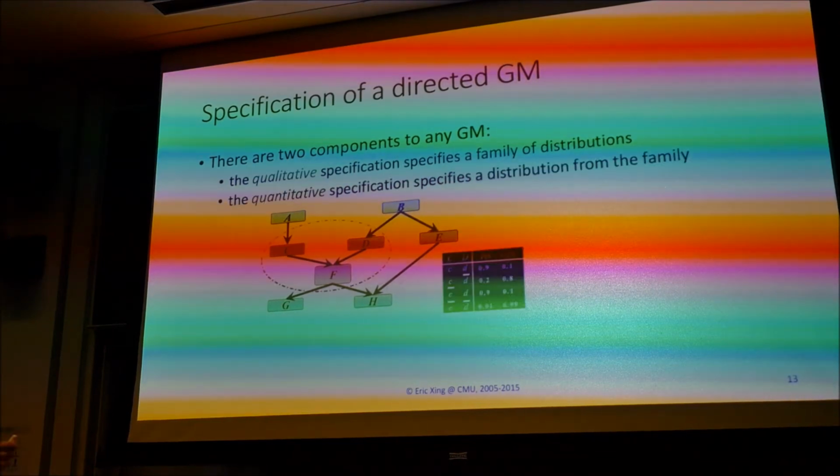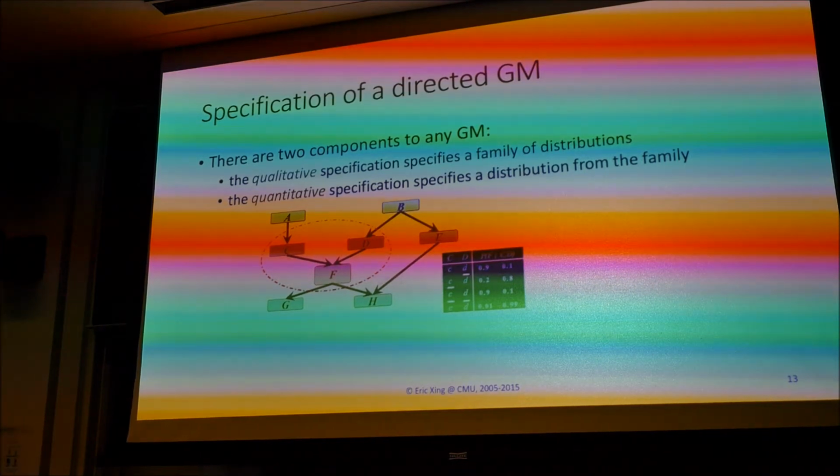The qualitative part will give you only the family of the distribution, while the quantitative part comes into giving you one probability distribution based on the conditional probability distributions that you have.